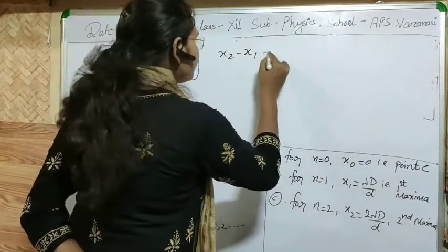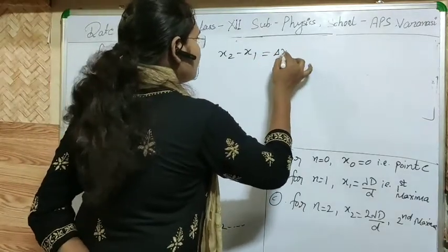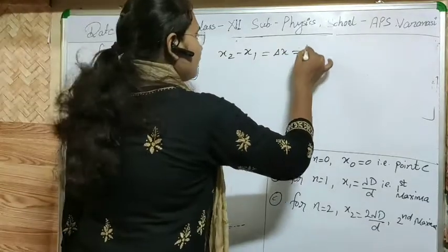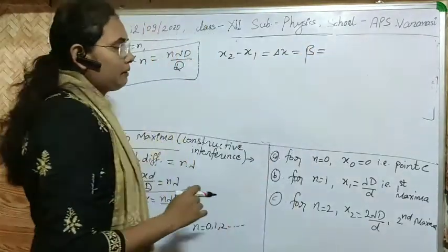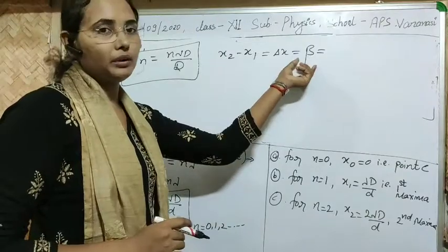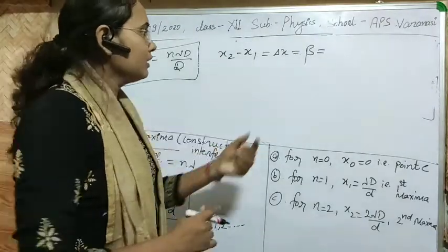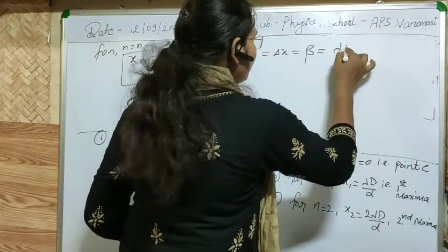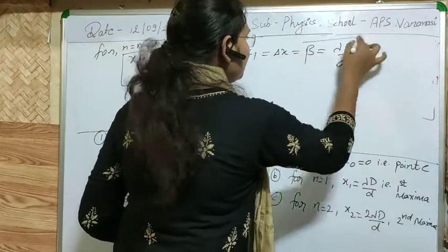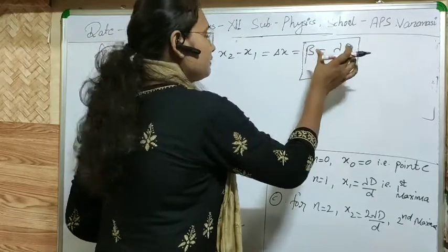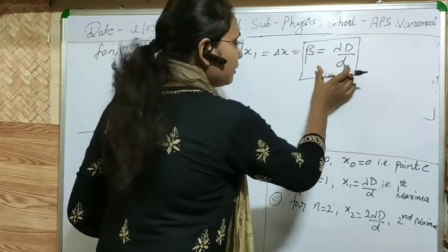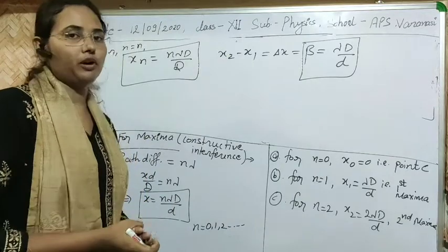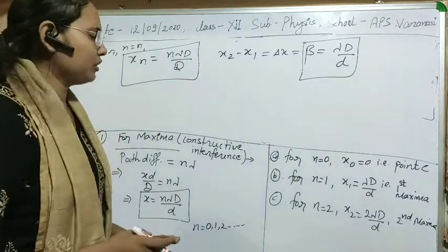This will be x2 minus x1, and we can also call it delta x or beta. I am assigning a new term beta to it, which is called fringe width. If you solve it, you will get lambda D by d. So this is the fringe width for the bright fringes.